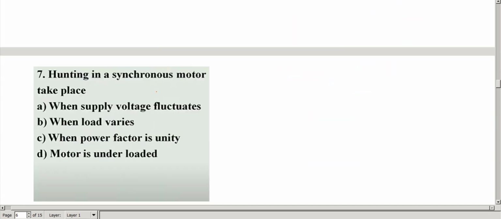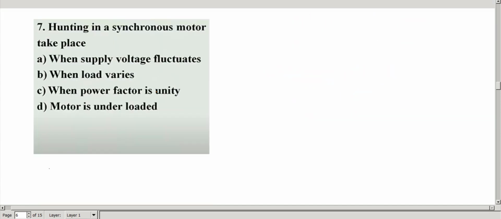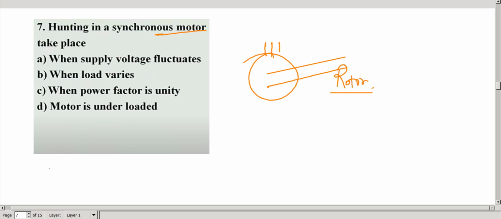Next question: hunting in a synchronous motor takes place when? Hunting means rotor oscillations. Rotor oscillations are caused when the load is changed or the supply voltage changes. But if you consider a synchronous motor, the supply is given directly and it goes to the load.